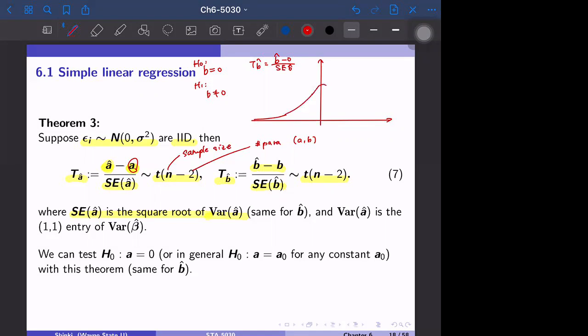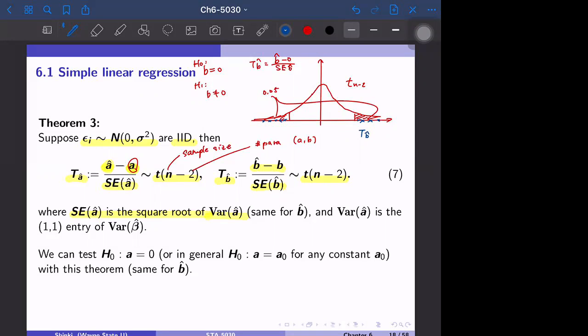If this realization is extreme under the T distribution with n-2 degrees of freedom, to be exact, if we use the 5% significance level, where the total area of the tails is 5%, and our test statistic T B hat falls in this range, we reject the null hypothesis.